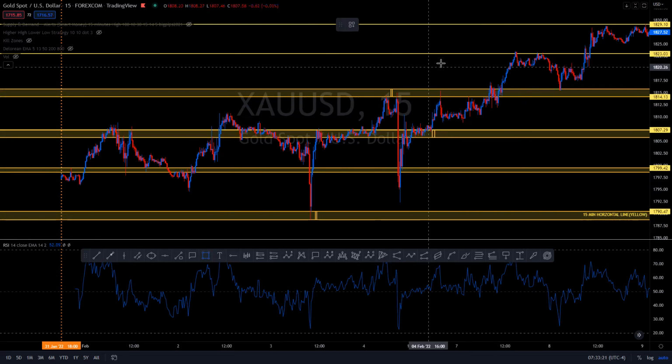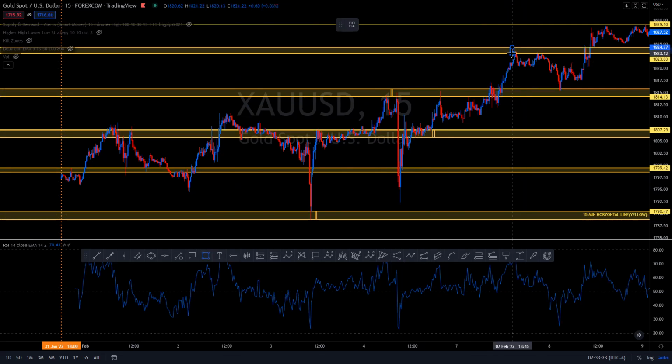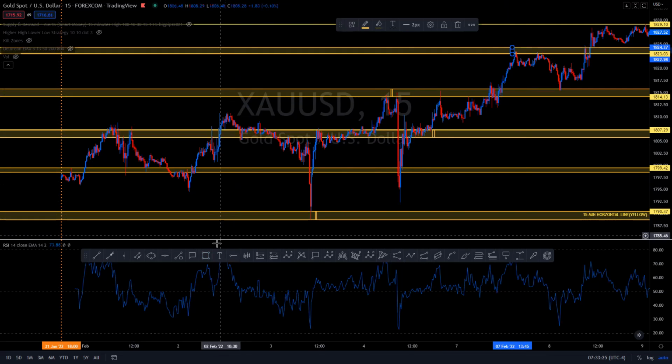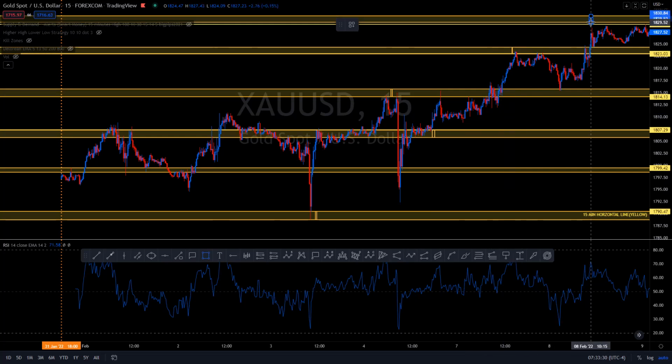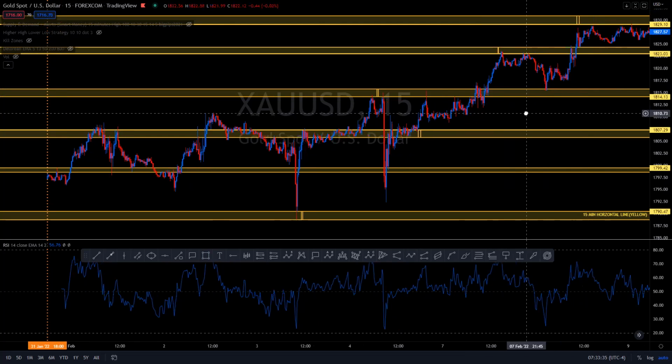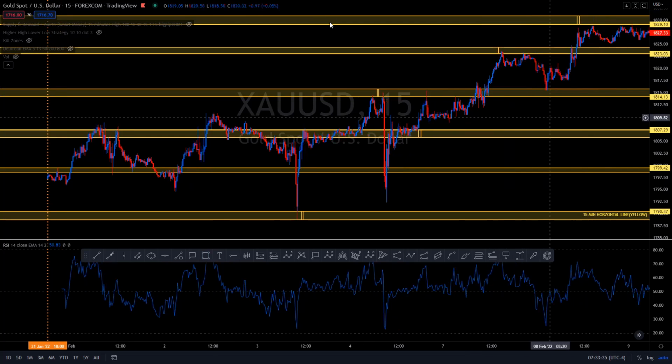So these are areas where you can see where price is hitting these key areas with these zones. So this is good here.